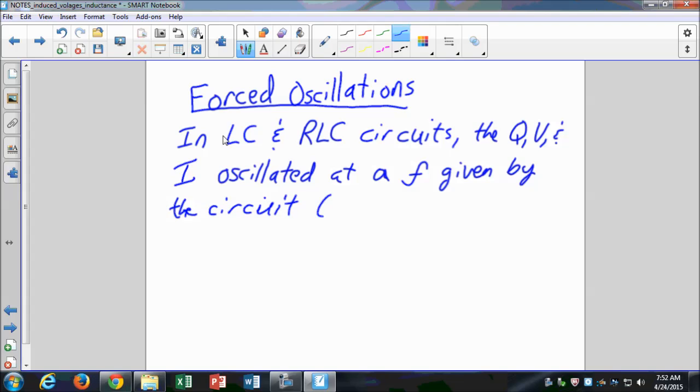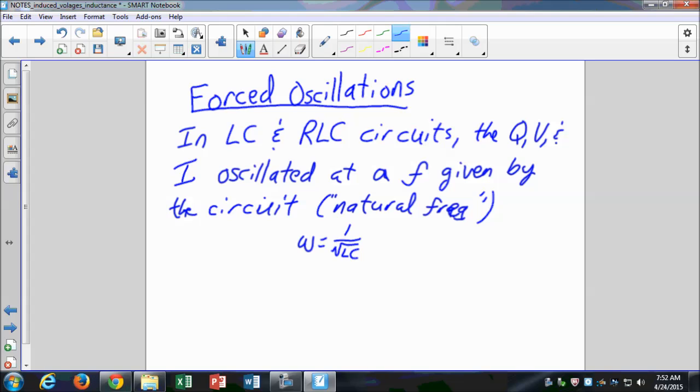It's as if the circuit had some natural frequency. We called that, if you recall, omega equal to 1 over the square root of LC.